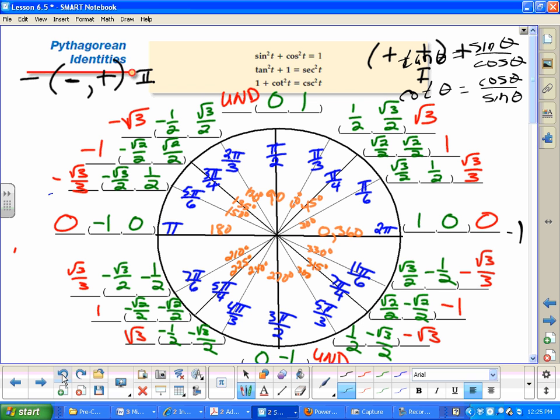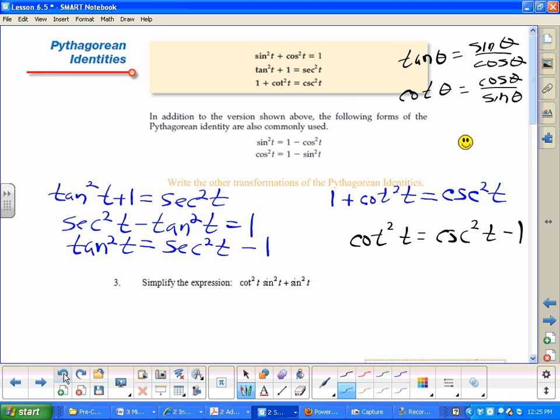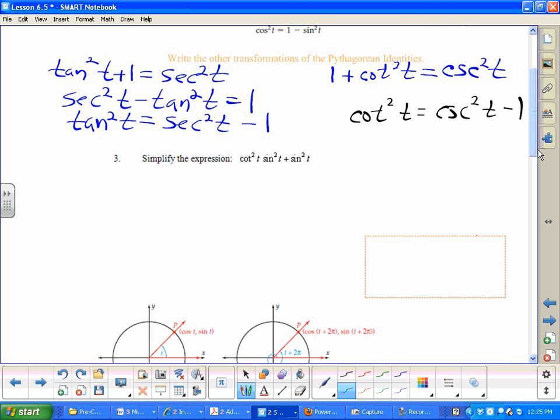So what I can do is rewrite this as cosine squared over sine squared times sine squared plus sine squared. So I replaced cotangent squared with cosine squared over sine squared.